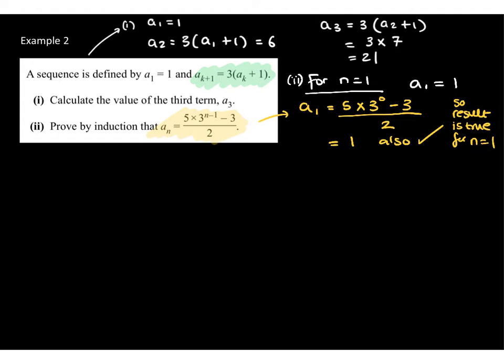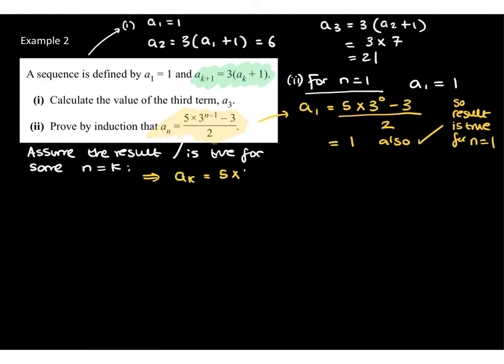So now we're going to assume the result, by which I mean this, is true for some integer n equal to k. Now that then tells me that I would have ak equal to 5 multiplied by 3 to the power of k minus 1 minus 3 all over 2.